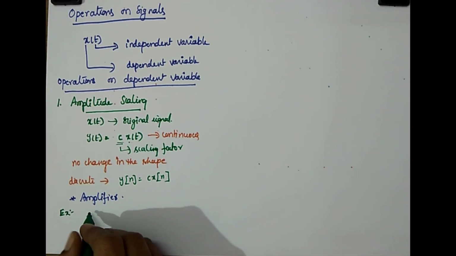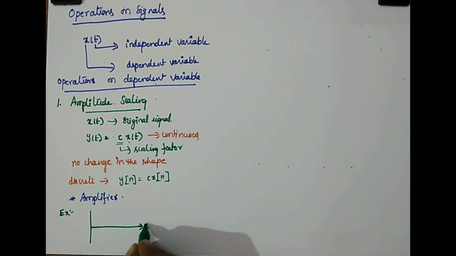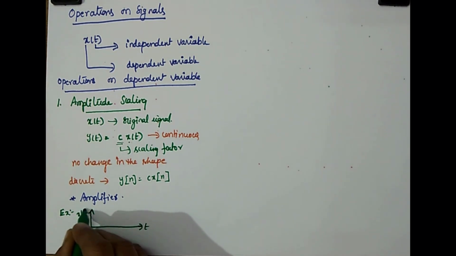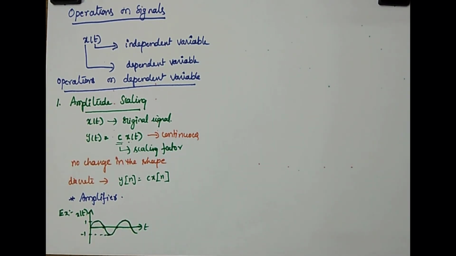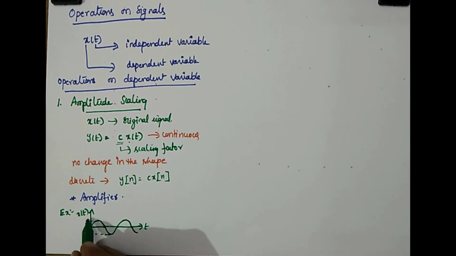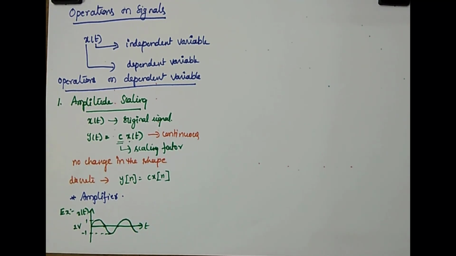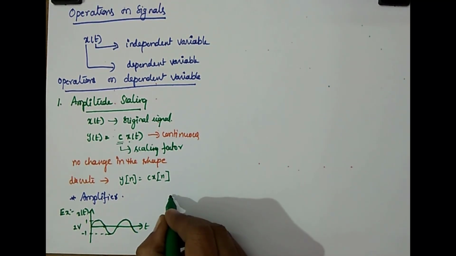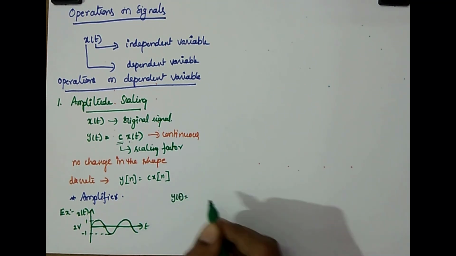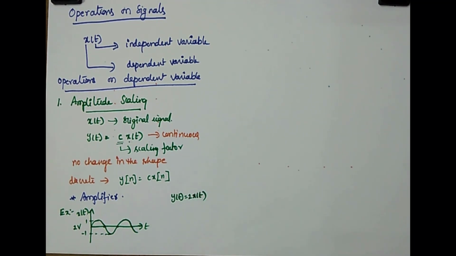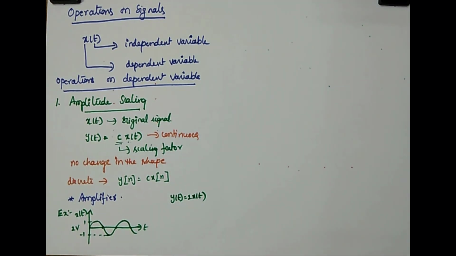Take one example. Suppose your x of t is like this. Okay, what is the peak to peak amplitude? You all know the amplitude is measured in volts. So the peak to peak amplitude, this is one peak and this is the negative peak, the peak to peak amplitude is 2 volts. Now if you want to draw y of t, which is 2 into x of t, it means the amplitude gets multiplied by 2.